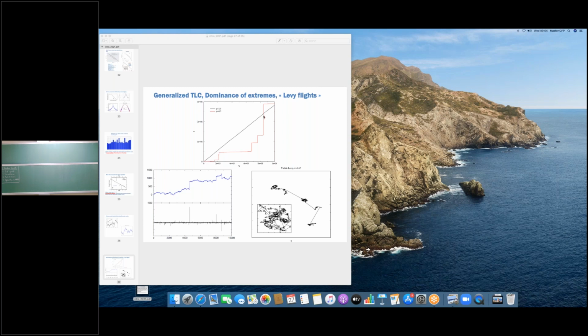So the black line corresponds to mu equal 2.5. So this is numerical simulations. And mu equal 2.5, you remember, means that the underlying distribution has a well-defined mean and a well-defined variance. And in this case, the central limit theorem holds, and actually the law of large numbers holds. That's what you're seeing in action on this graph. And what the law of large numbers means is that the total sales is going to grow linearly with the number of items sold.